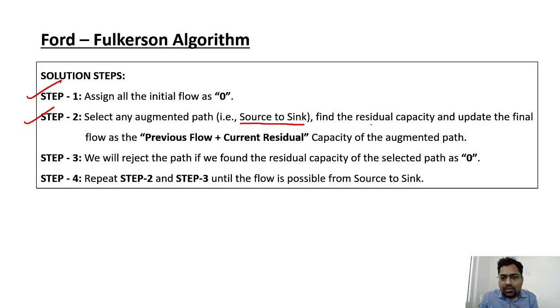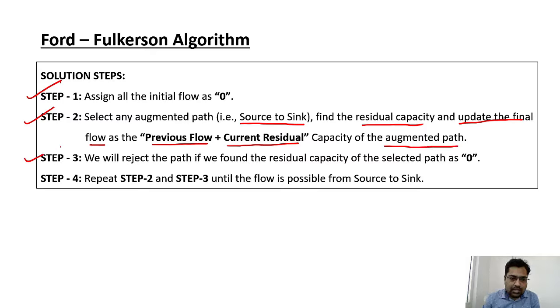Okay, so find the residual capacity and update the final flow as the previous flow, whatever you have, with the current residual capacity. We should know why it is important, so I kept it bold next to that augmented path.